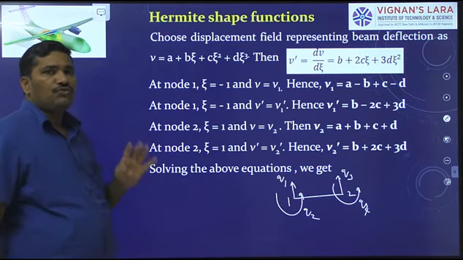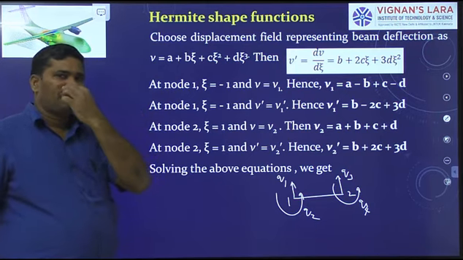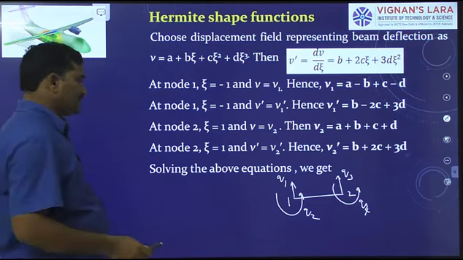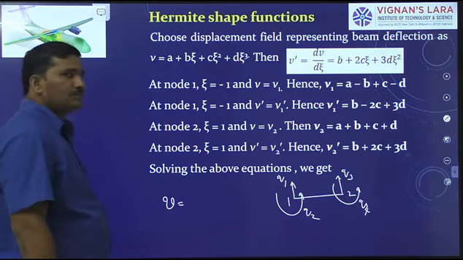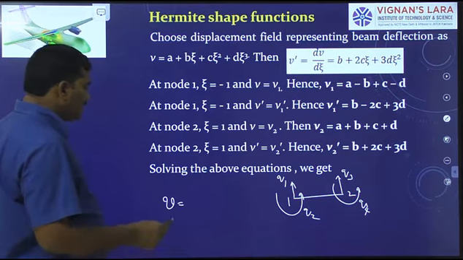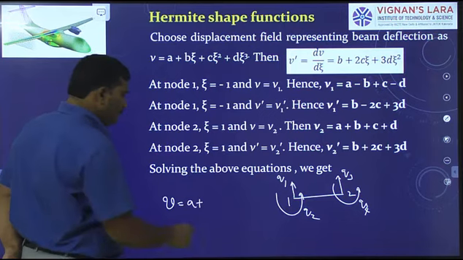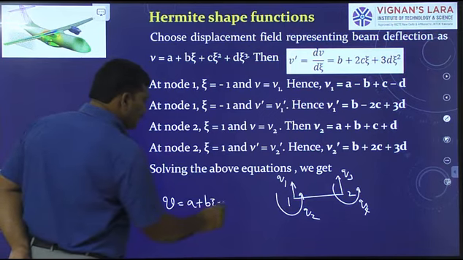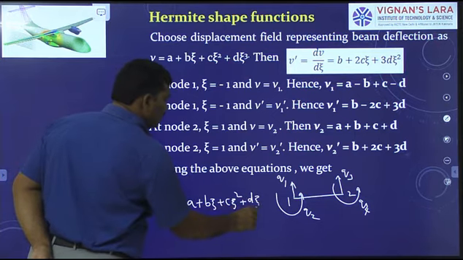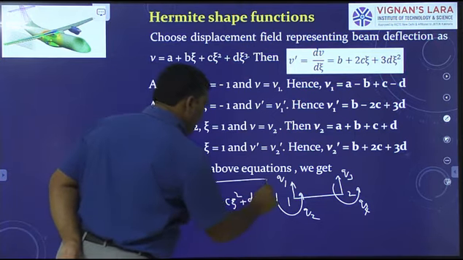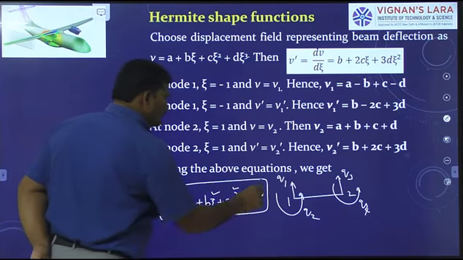Hence, you can choose 4 generalized coordinates in the polynomial for the beam deflection. Hence, I can write the beam deflection V as A plus B j plus C j square plus D j cube. This is how I can define the beam deflection in the natural coordinate j.